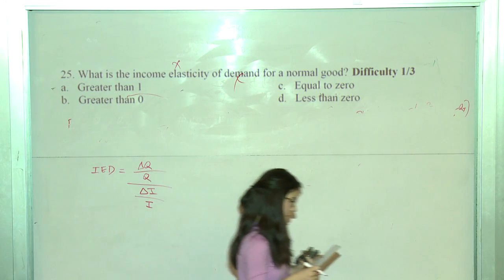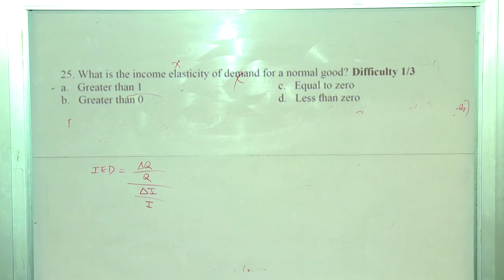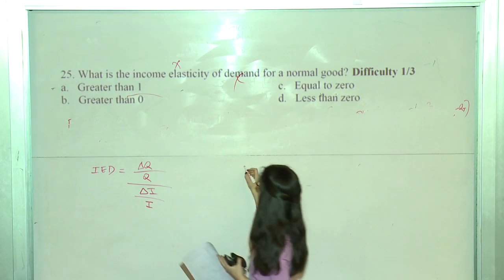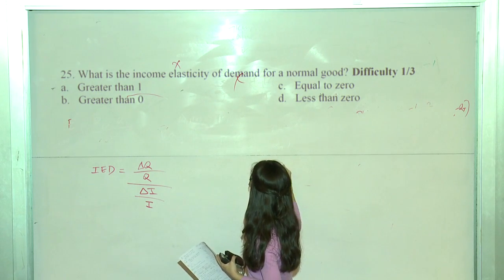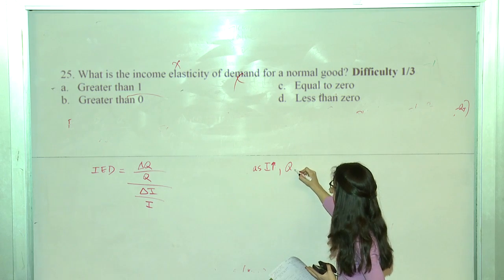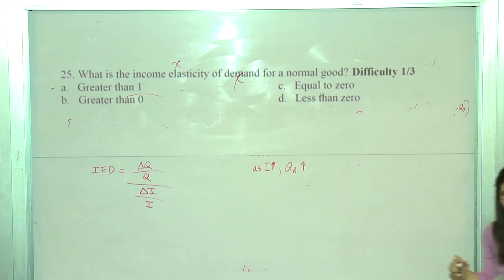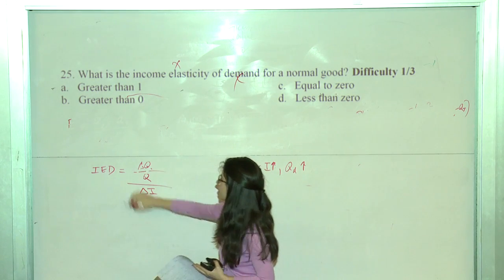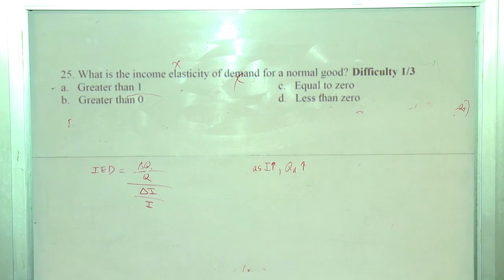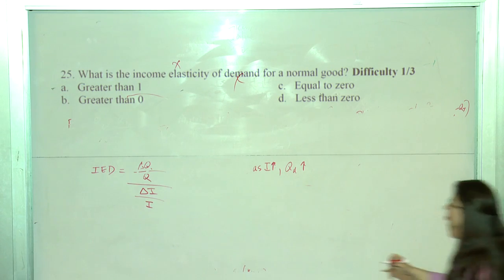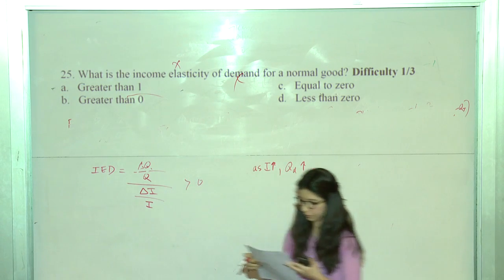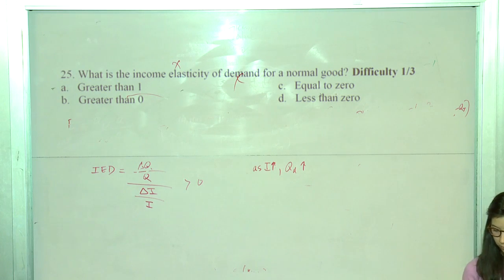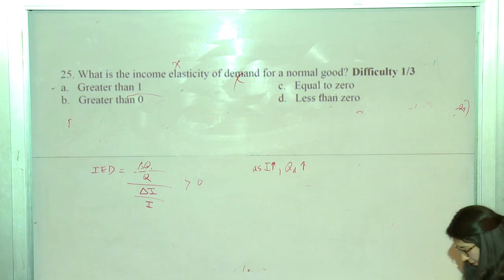So if we know that for a normal good, as income increases, quantity increases, what do we know about the sign of this term, the sign of this income elasticity? It's positive. Can we explain that a bit further? Why is it positive? How do we know that?